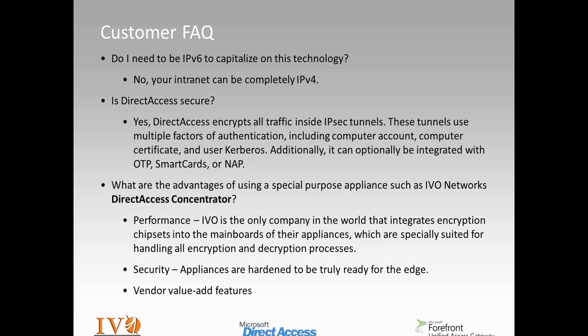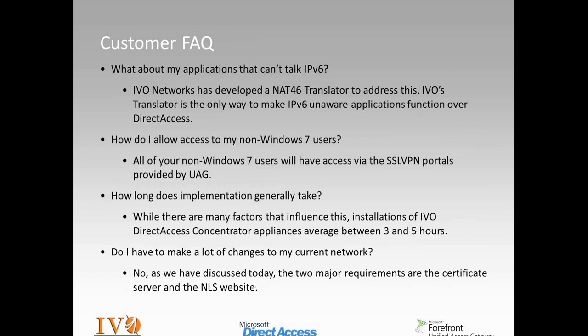Third is security. Our appliances are edge devices. We're an edge company. We've been in that business for over a decade, so all of our appliances are designed and hardened and locked down to sit on the edge of the network. And then there are the value-add features, which Jordan just briefly described, one being our translator.